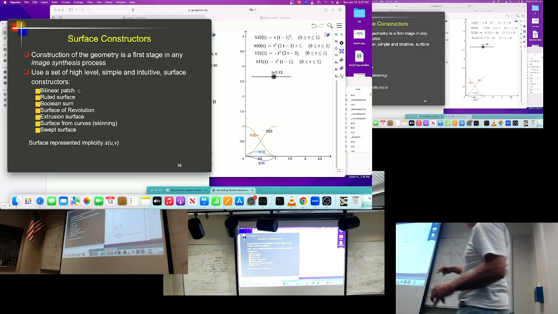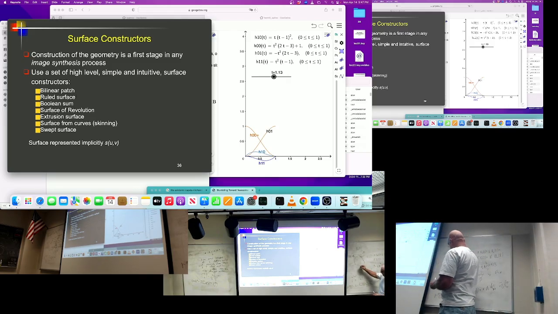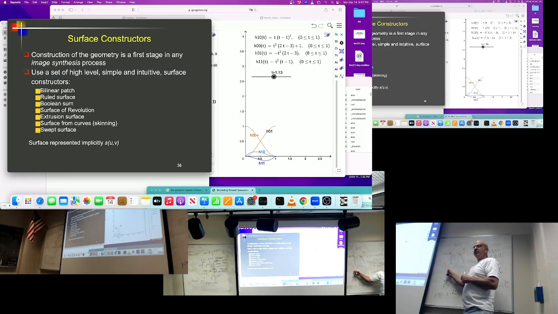Now all these surfaces will be parameterized by 2 values, u and v. If it's a 1-dimensional curve, then I just need t or u to describe where I am along this curve. If I'm on a surface, then I need 2 numbers, and since x, y, and z are taken for other applications, I'll use u and v.